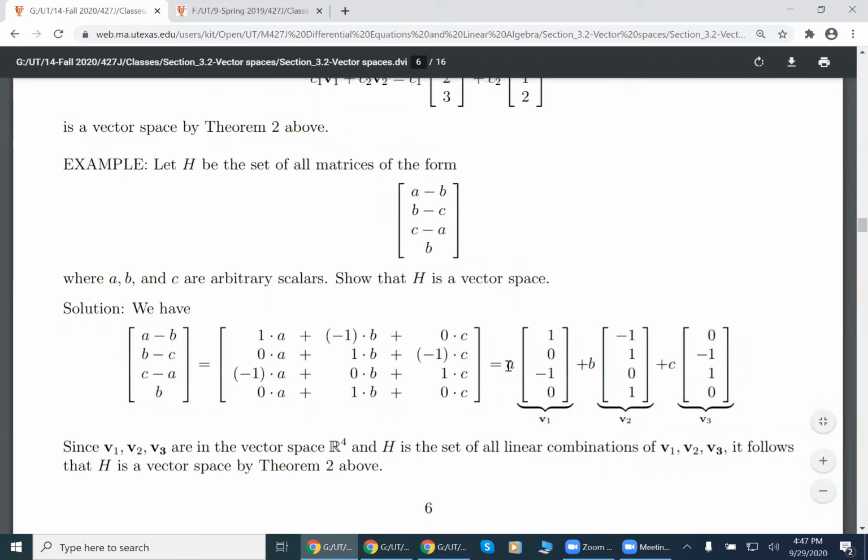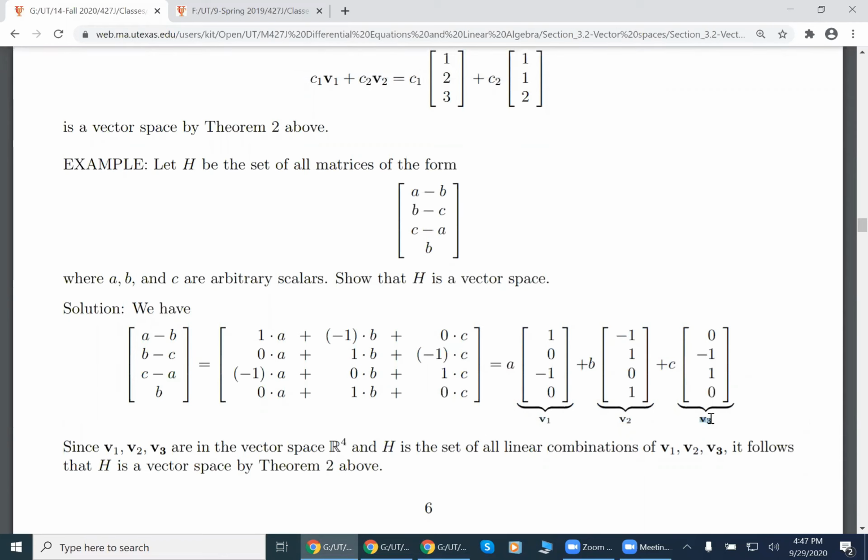This is A V1 plus B V2 plus C V3. These are all linear combinations. There are no restrictions on A, B, and C. Was that a question? Yes, thank you.